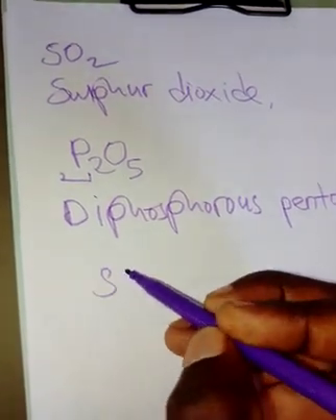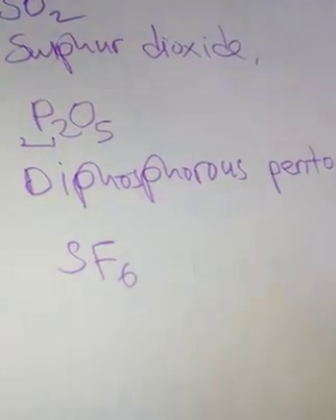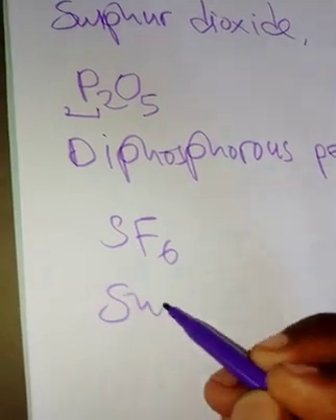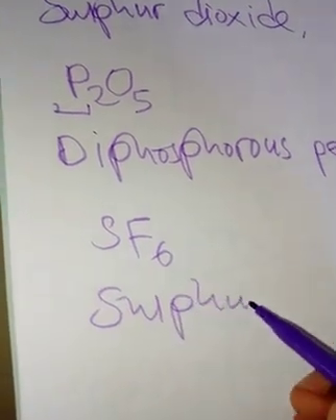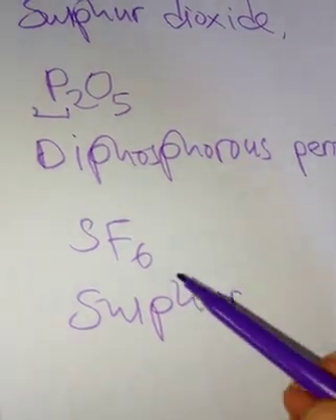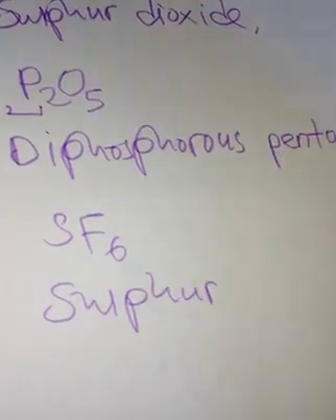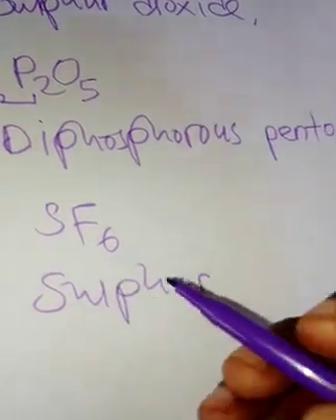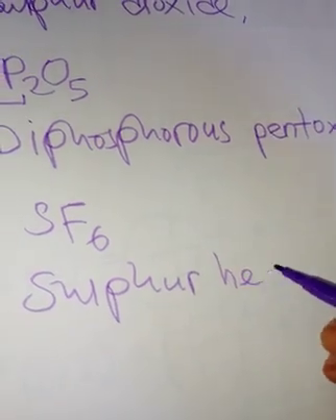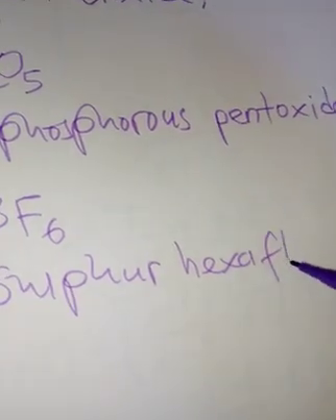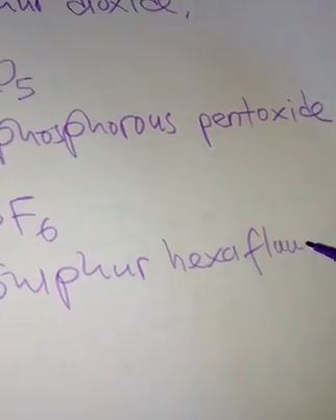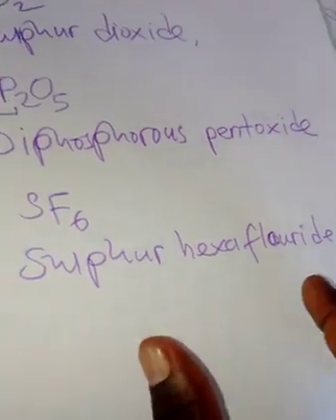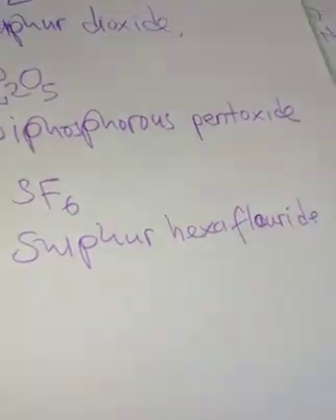Then let's also look at this one, SF6. This one, what is its name? So this is sulfur, then 6 atoms of what? This is fluorine, so use fluoride. Sulfur, then 6, that's hexa, so sulfur hexafluoride. Okay.